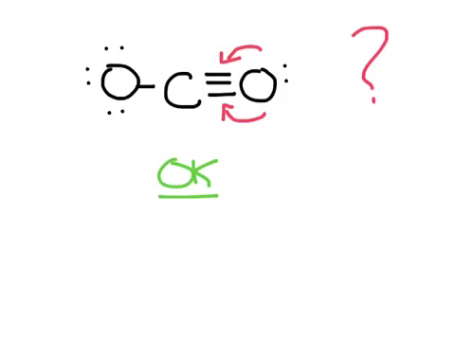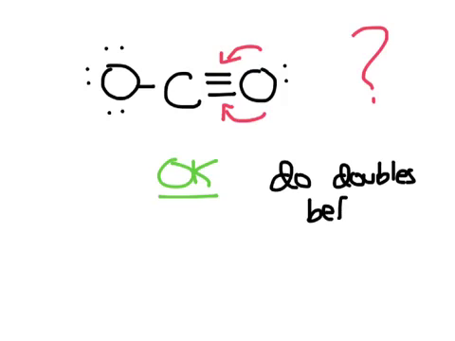All right. However, I would say, as a rule of thumb, do doubles before triples. Okay, and if you follow that last rule, that will cause you to make sure that each side gets a double bond instead of one side getting a triple bond.